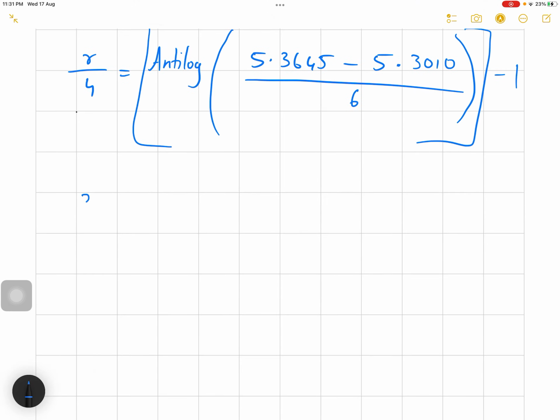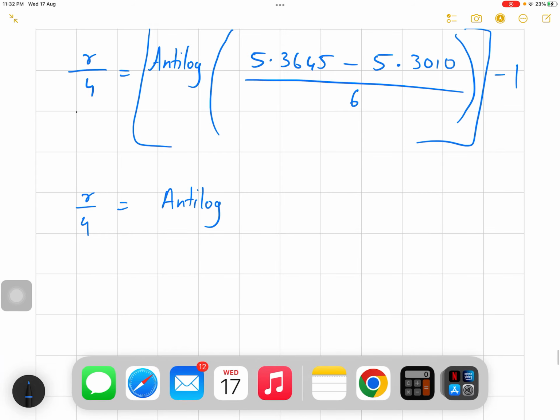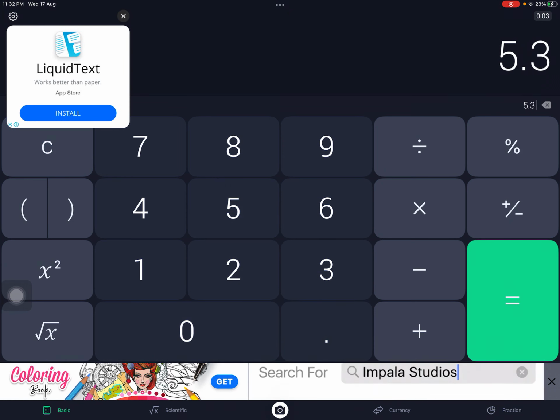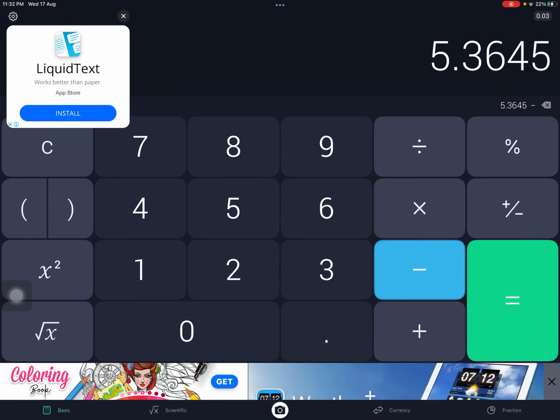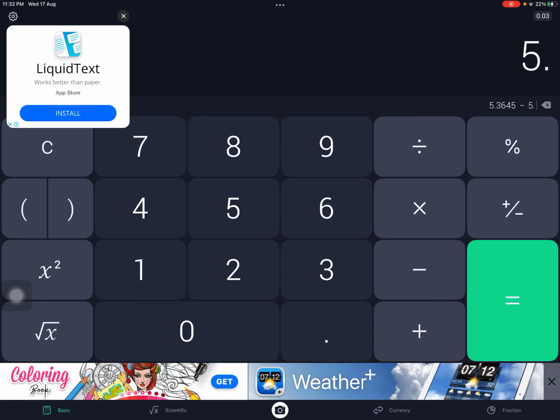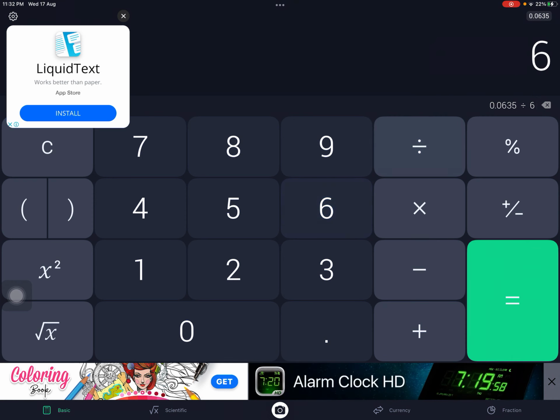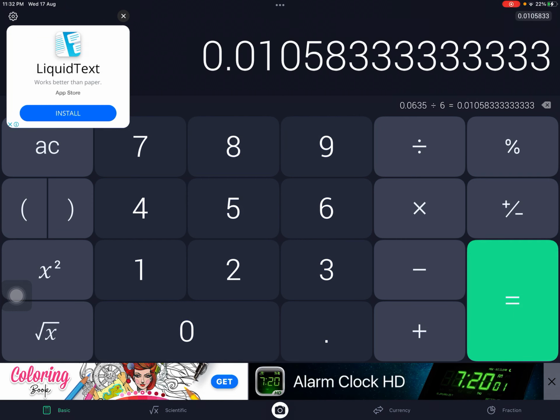Okay, so r by 4 is equal to anti-log. We'll just solve the bracket. 5.3645 minus 5.3010 divided by 6. 5.3645 minus 5.3010 comes to 0.0635 divided by 6.